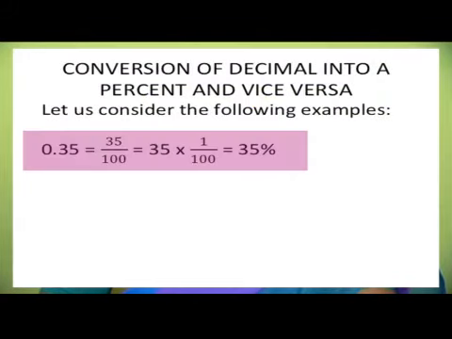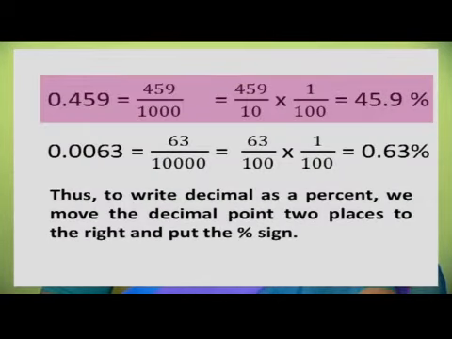0.35 is written as 35/100, which is equal to 35 × 1/100, and may be written as 35%. Similarly, 0.459 may be written as 459/1000, which is equal to 45.9 × 1/100, which is equal to 45.9%.